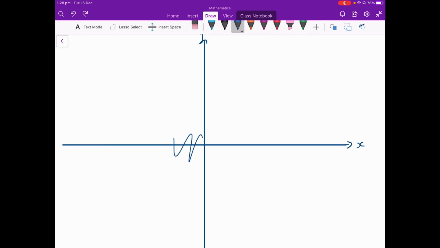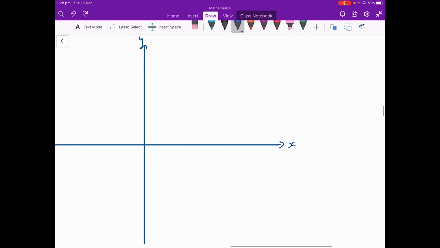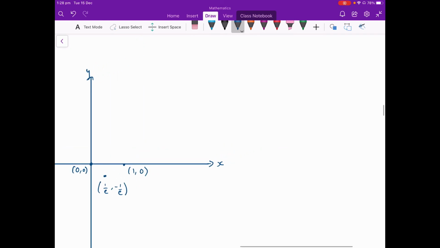So that means on the left-hand side, I'm not going to have anything there. I have my first x-intercept at the origin, 0, 0. I then had my next x-intercept at 1, 0. And this here is our stationary point, our minimum point.